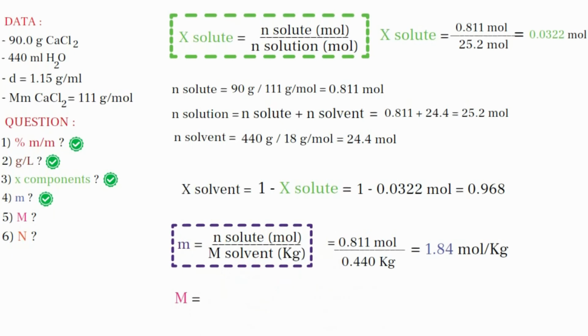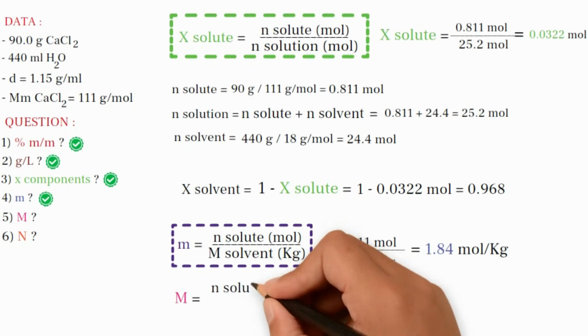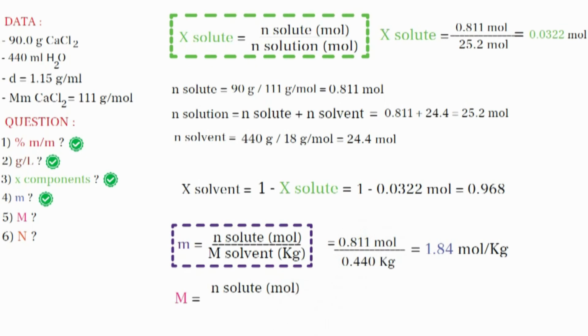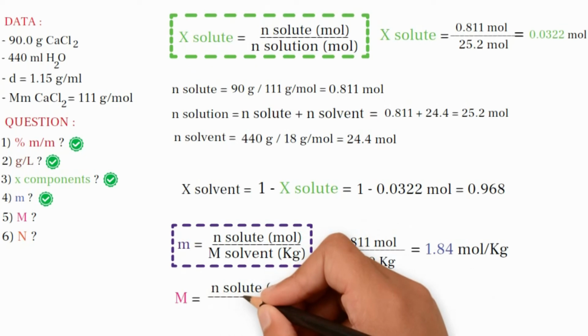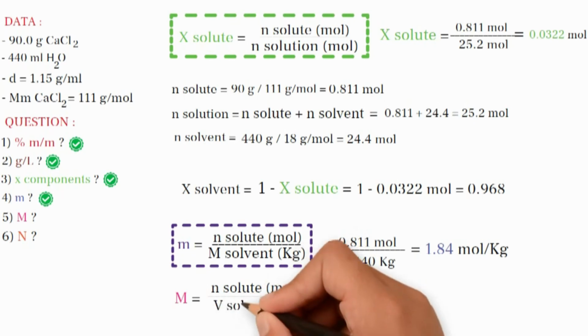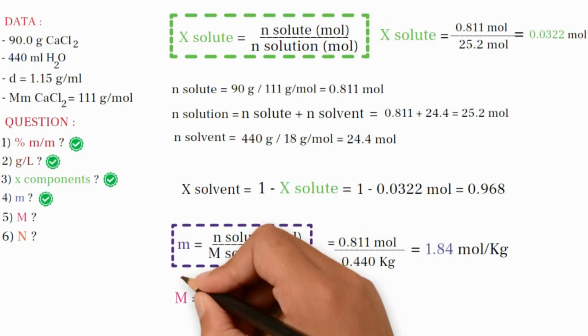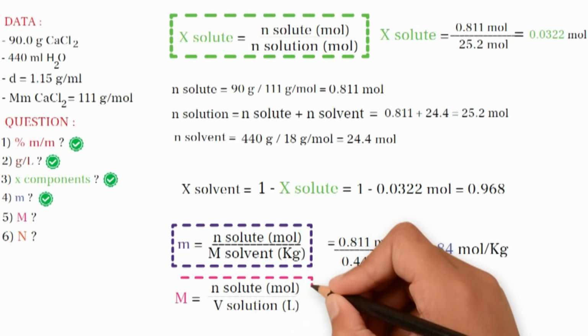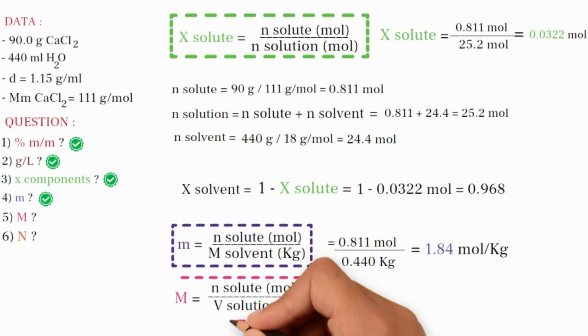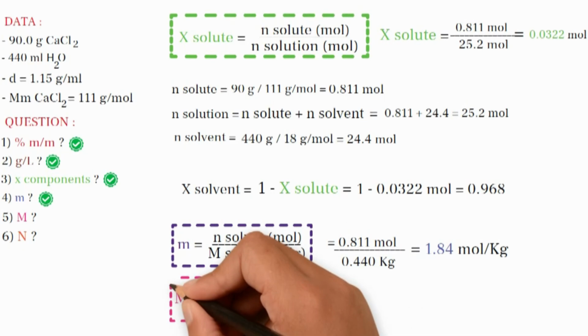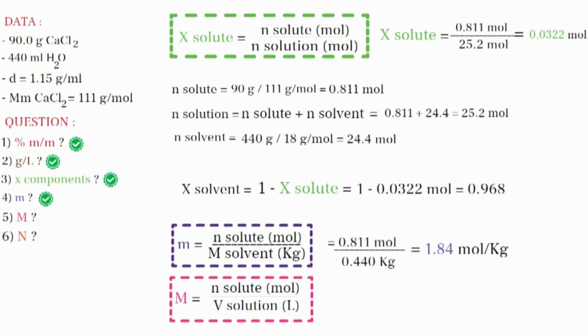Now let's do the second to last, so molarity. Molarity is mole of solute over volume of solution. We have written this many times. I hope you will remember it just because of all of this repetition. The mole of solute we have is 0.811.